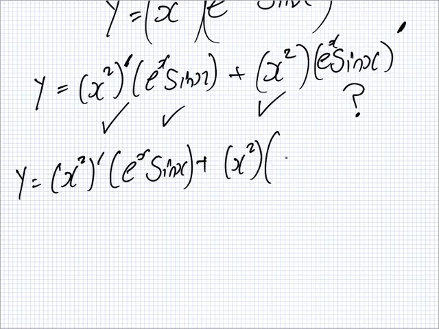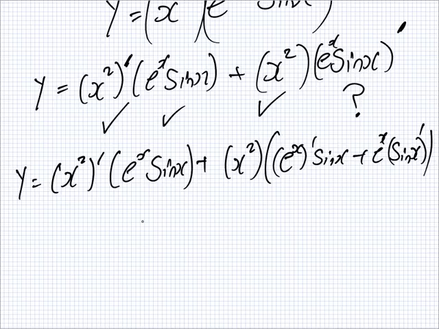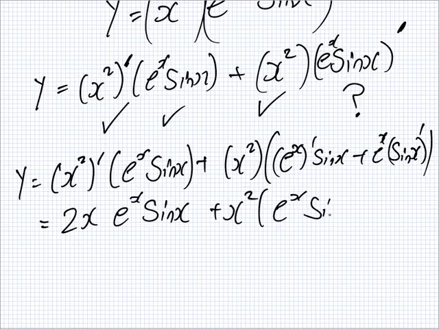So we have differentiate the first one, and then keep the second one, plus keep the first one, and differentiate the second one. Right, so after all that you'll get 2x e^x sin x plus x squared e^x sin x plus e^x cos x.